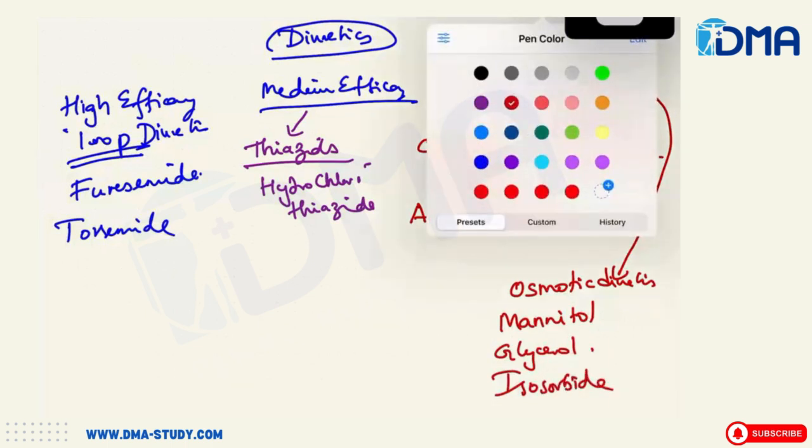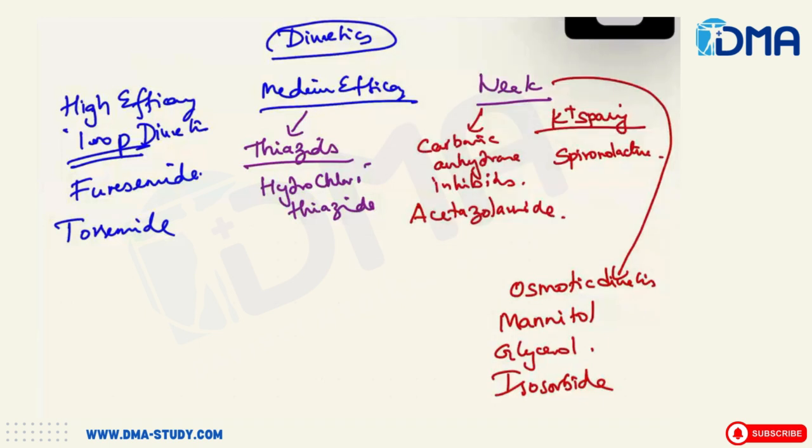We forgot to discuss the channel which is blocked by the loop diuretics. The sodium, potassium, chloride channel is blocked. Whereas thiazide blocks the sodium chloride channel in the distal convoluted tubule.